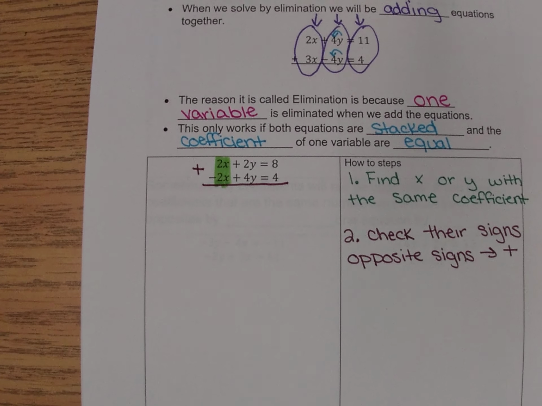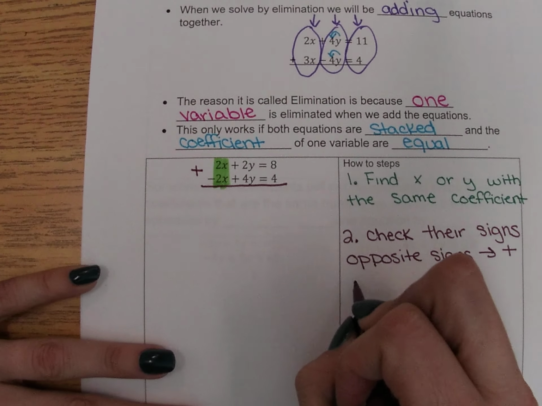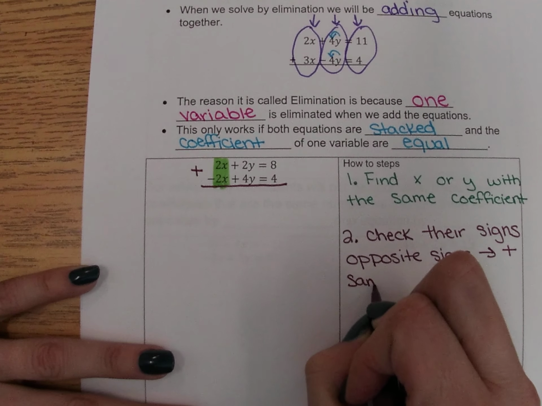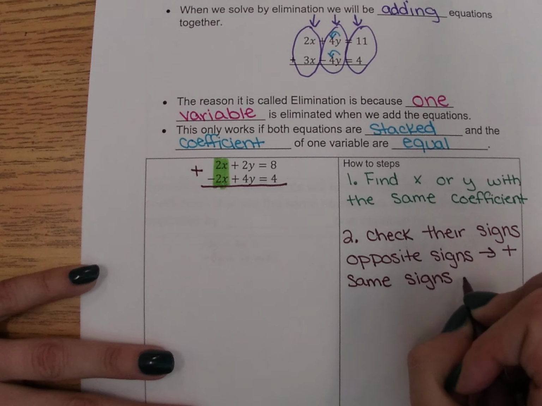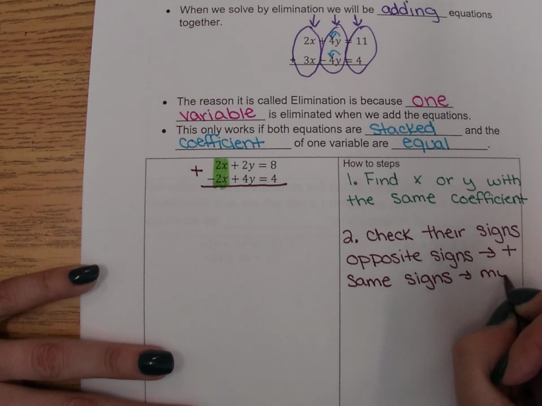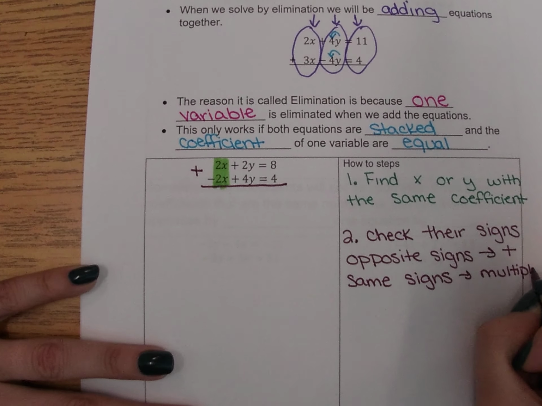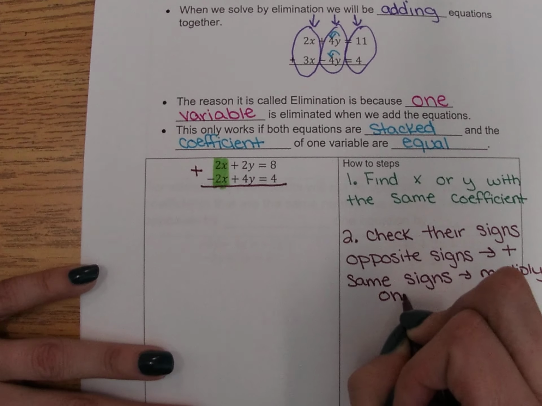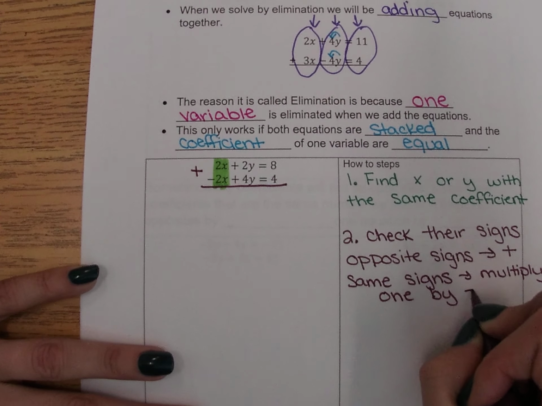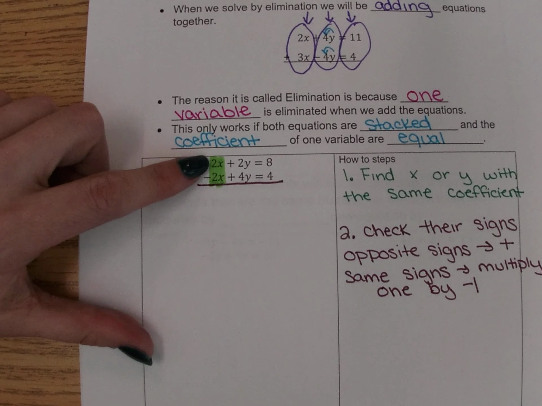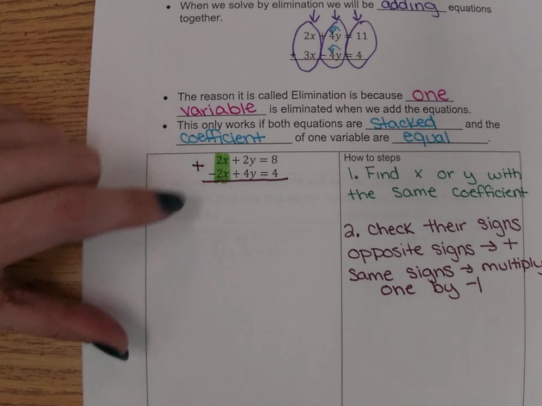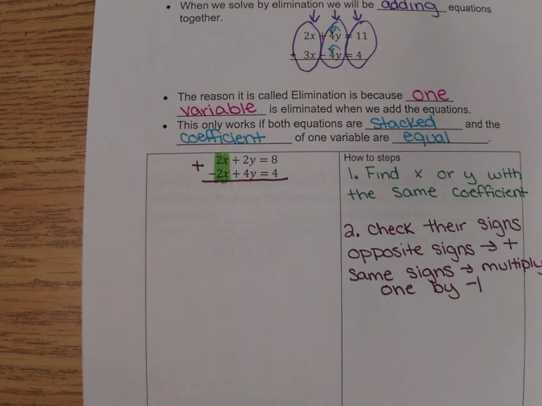Now, just for the sake of knowing what we do in the other situation, if they are the same sign, it's going to seem a little bit weird. We are actually going to multiply one by negative 1. And we'll look at what that means here in just a minute. We don't have to deal with that in this situation, right? This says to add, they're opposite signs, so we're going to add straight down.